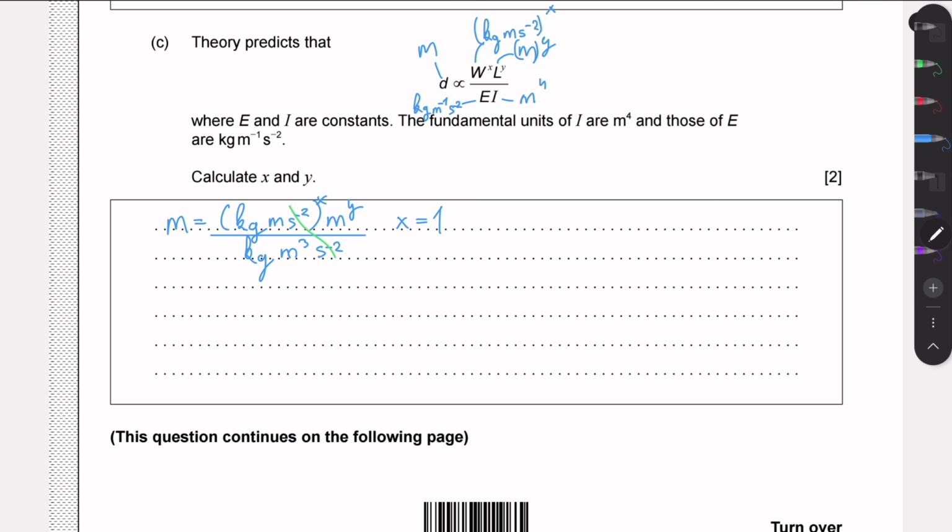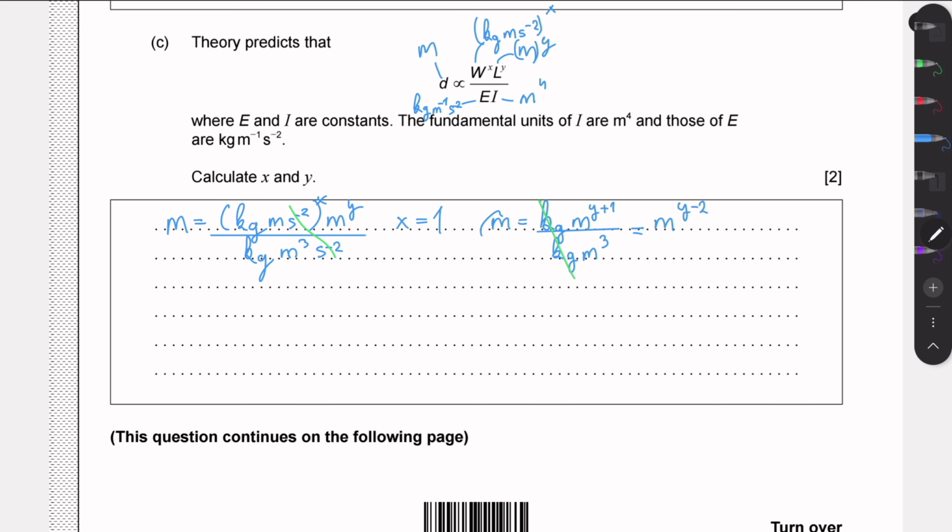So if x is equal to 1, I can rewrite this formula. We have meters is equal to kilogram meters, meter to the y, so let's just say y plus 1, divided by kilograms meter cubed. Kilogram cancels out, and then we get meter to the y -2.